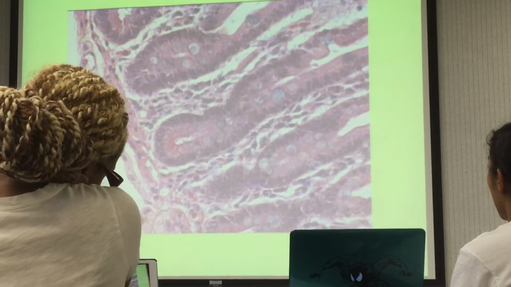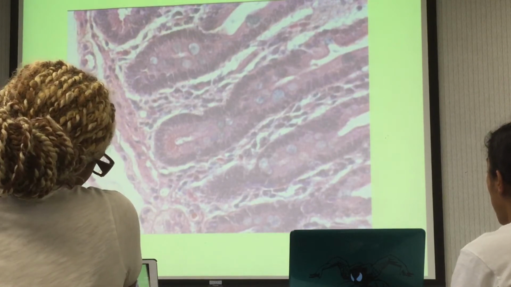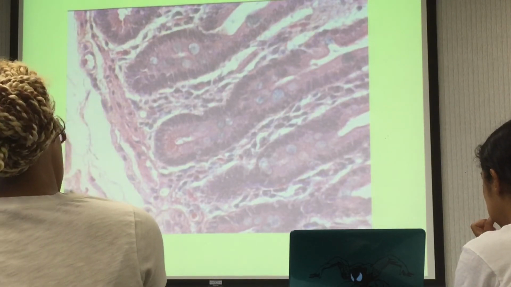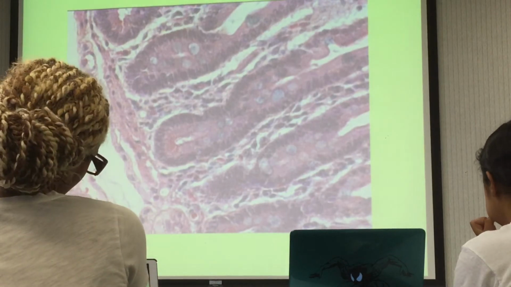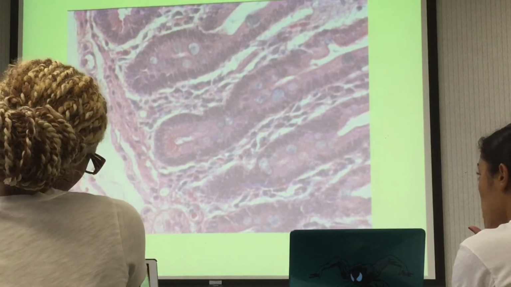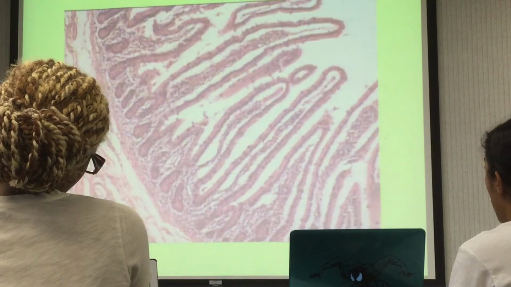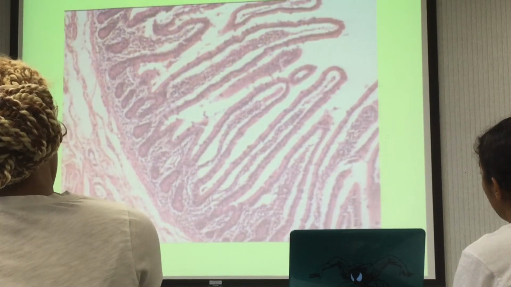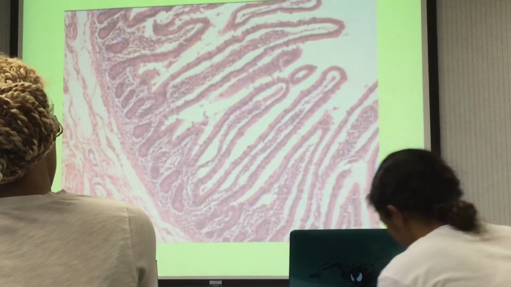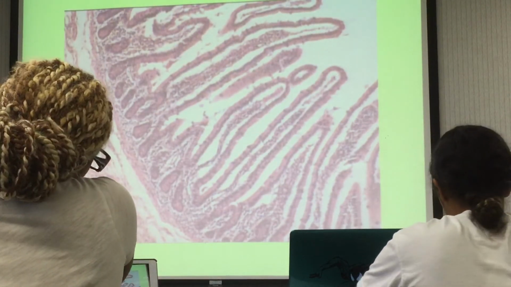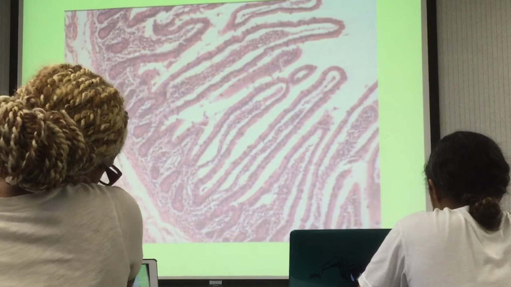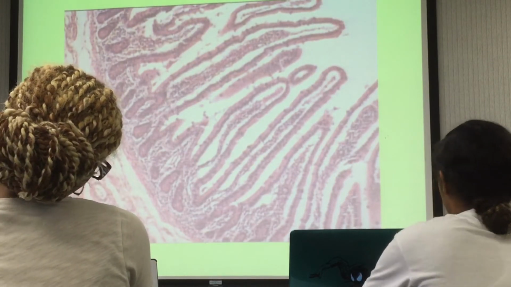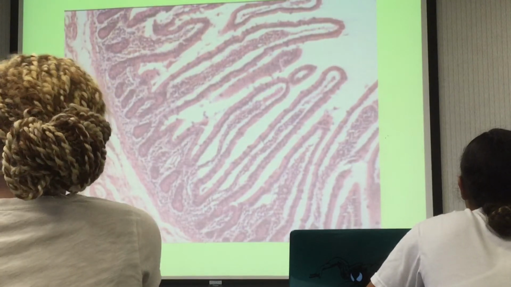Ileum has what? Peyer's patches. I can look at the jejunum and say jejunum because I have looked at the villi, but if you have a hard time and you do not see submucosal glands or Peyer's patches, that's jejunum. Those of you who had histology before can see the villi look very different than the duodenum. They look like leaf-like projections.